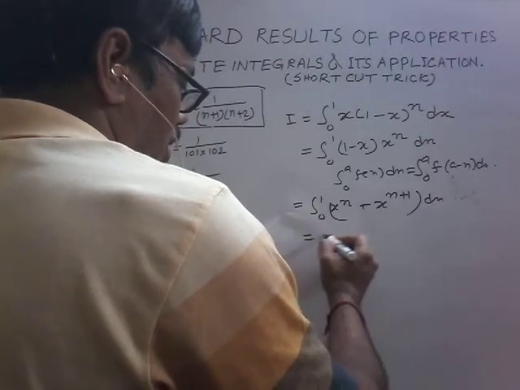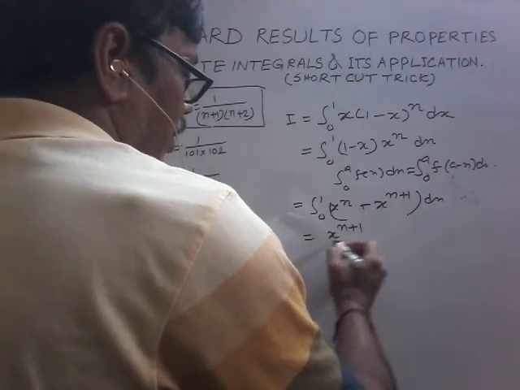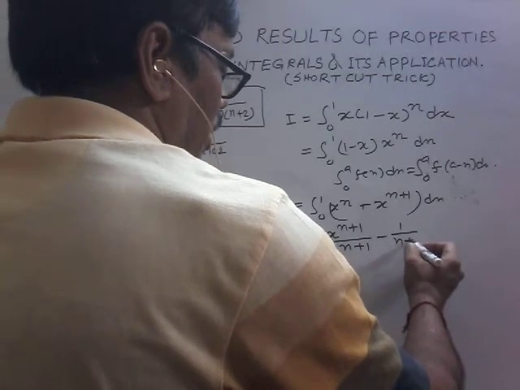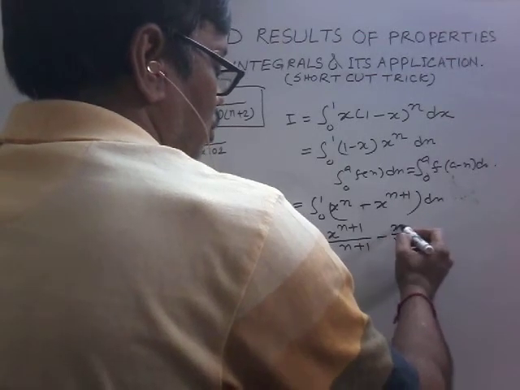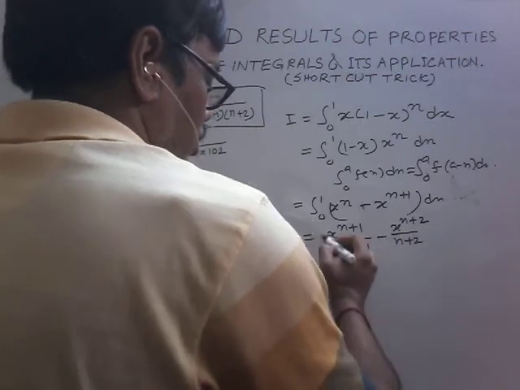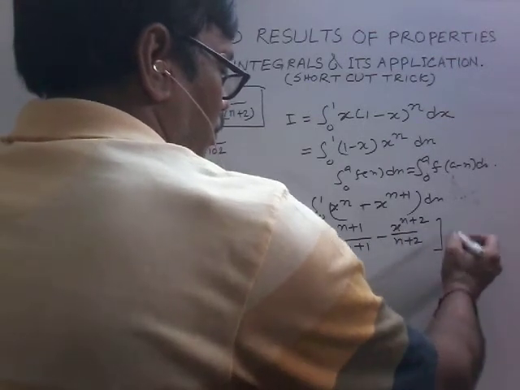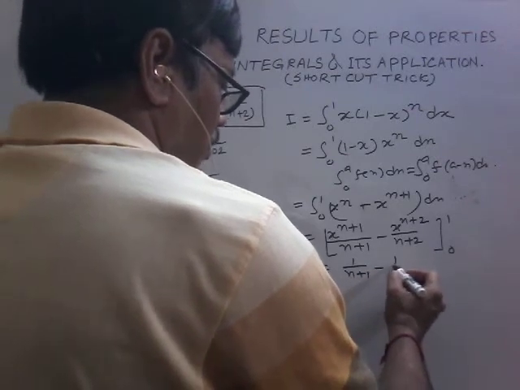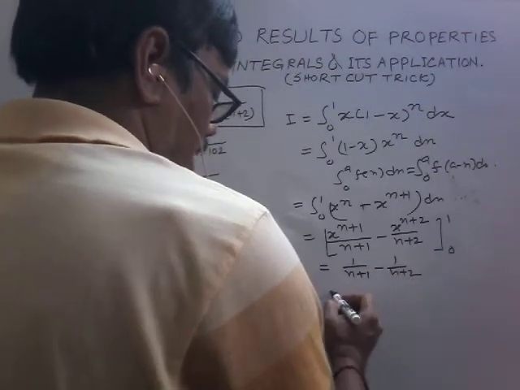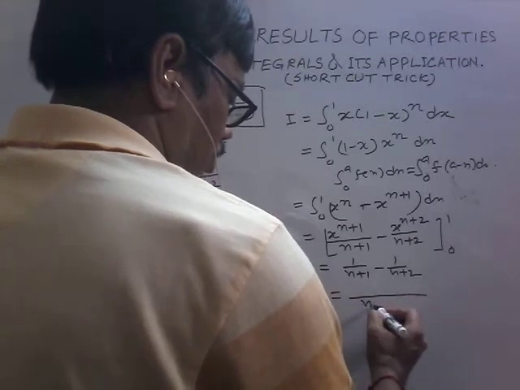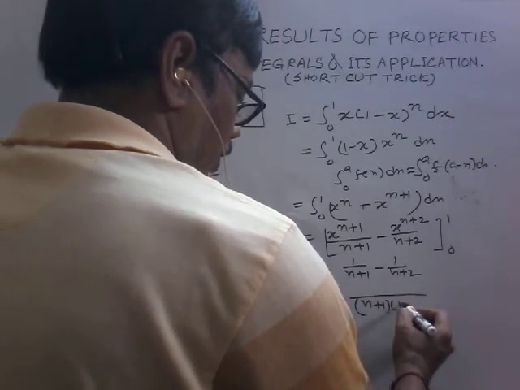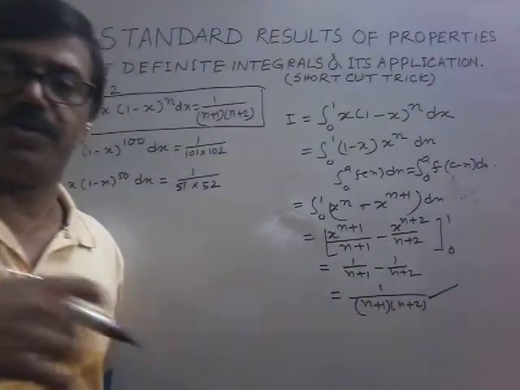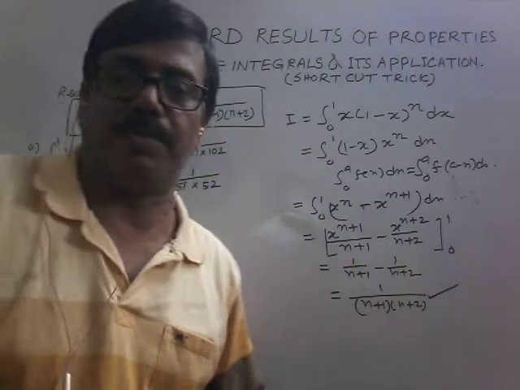If we integrate, look, this is 1 by n plus 2 x to the power n plus 2. Put the value, and if you simplify, you get n plus 1 into n plus 2. So it is very easy to remember.